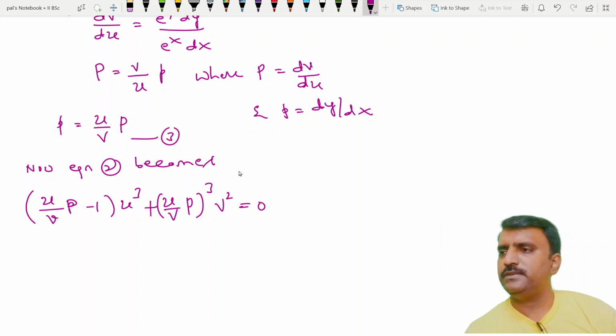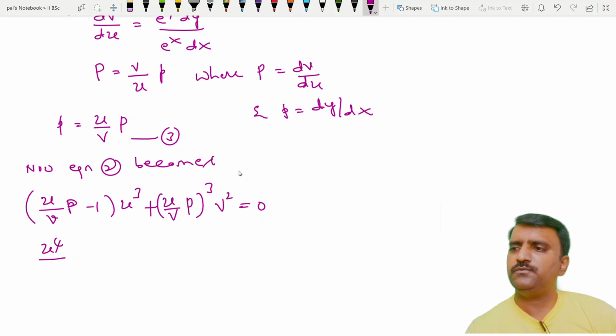is equal to 0. Simplifying this, multiply with u cube: u cube into u to the power 4 by v into P minus u cube, plus u cube into P cube into v square divided by v cube is equal to 0.